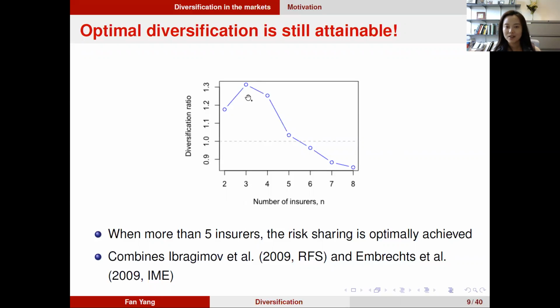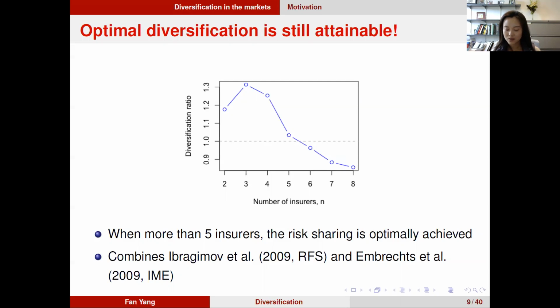But if more insurers continue to come into the market, you can see the DR is decreasing, especially if more than 5 insurers are participating in this market, then eventually DR decreases to below 1. That's where diversification becomes optimal.